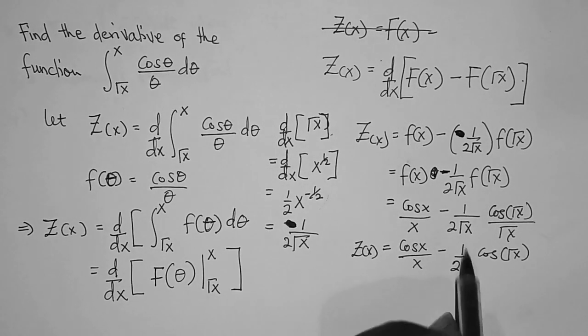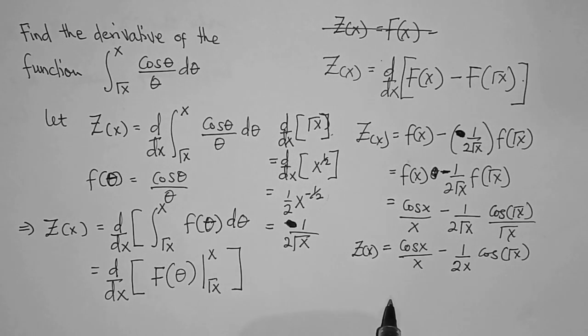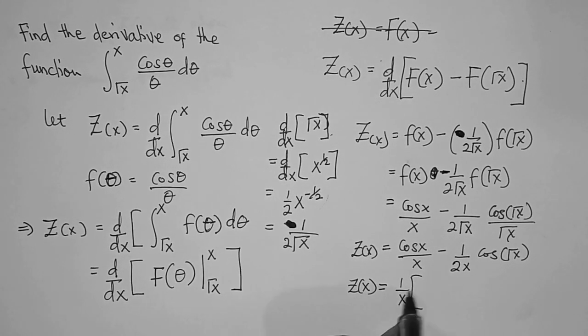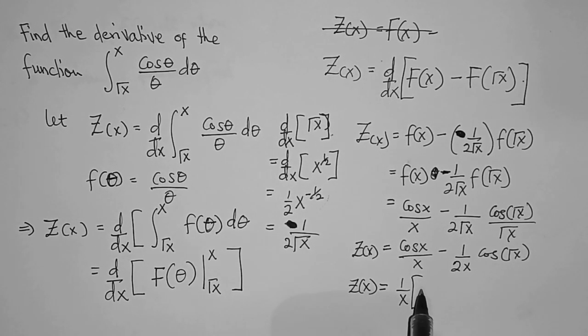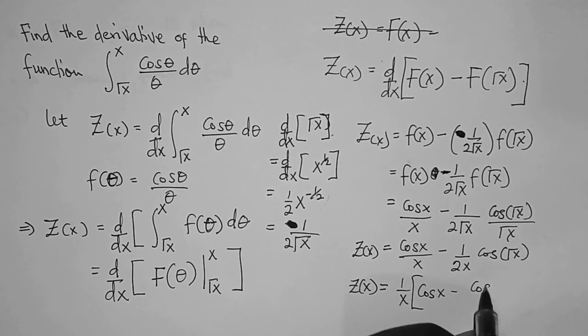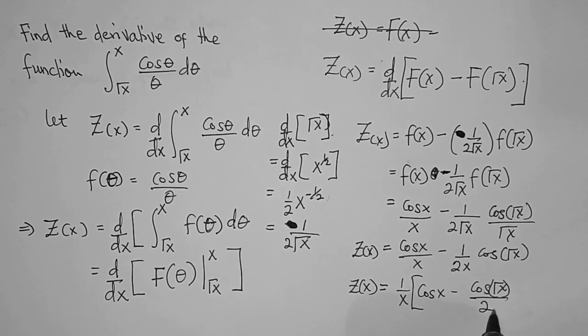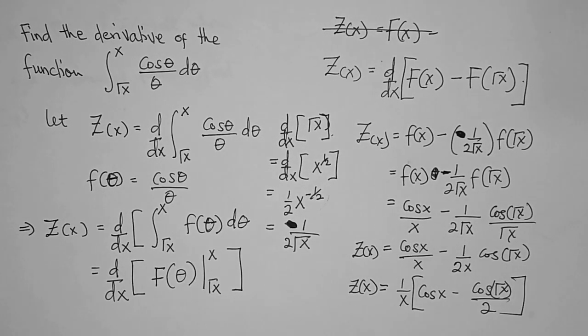So at the end of the day, we can factorize 1 over x out. So z of x equals 1 over x, then bracket open, cos x minus cos root x over 2. So this is the final answer.